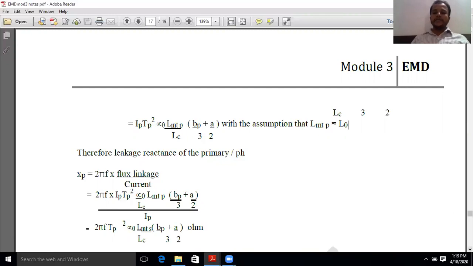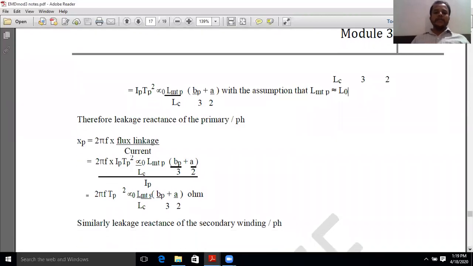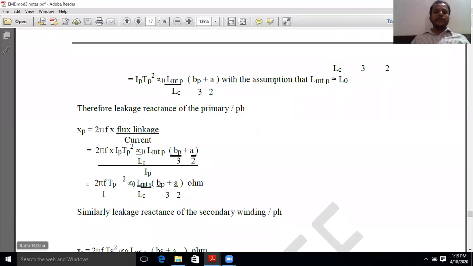Now if I simplify this further, it is 2 pi f TP square alpha naught LMTS divided by LC, BP divided by 3 plus A by 2 ohms.